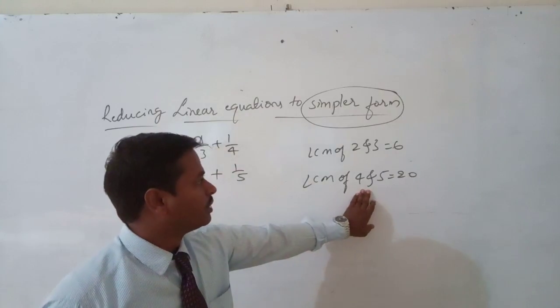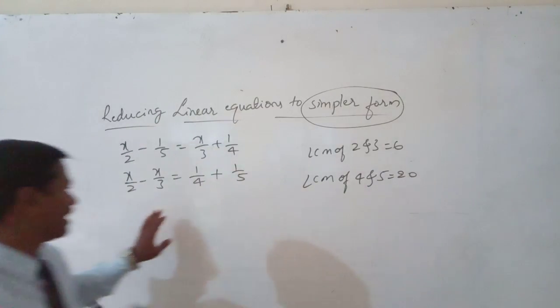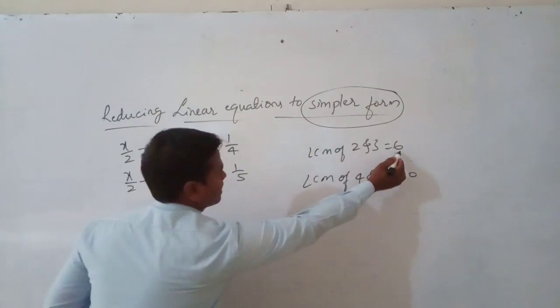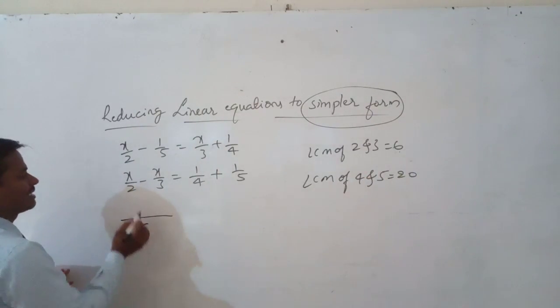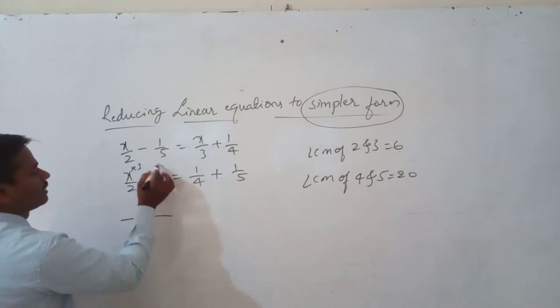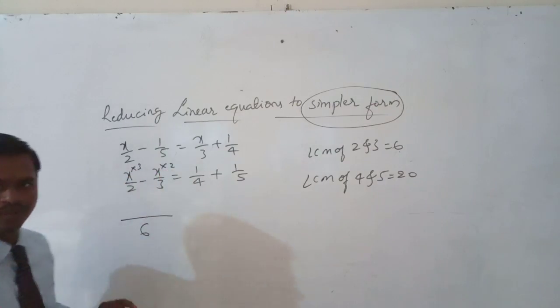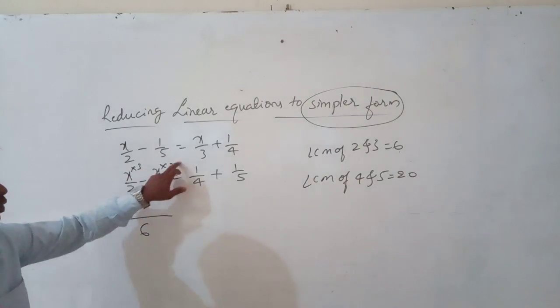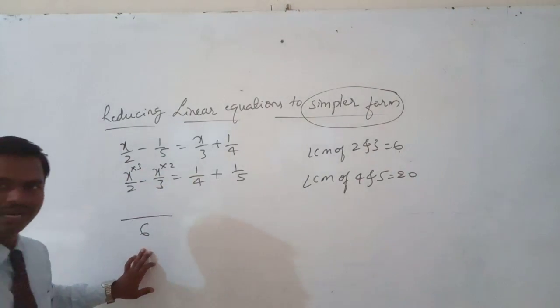Now we will take the LCM value as the denominator. Denominator is 6 because the LCM value is 6 here. 2 3s are 6, 3 2s are 6.